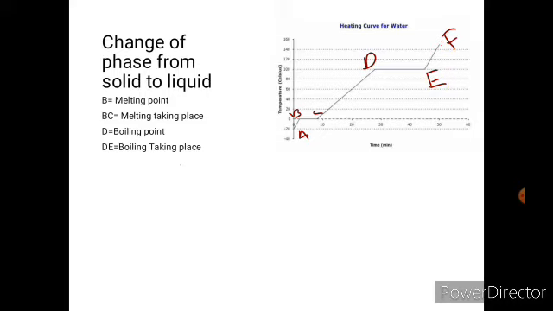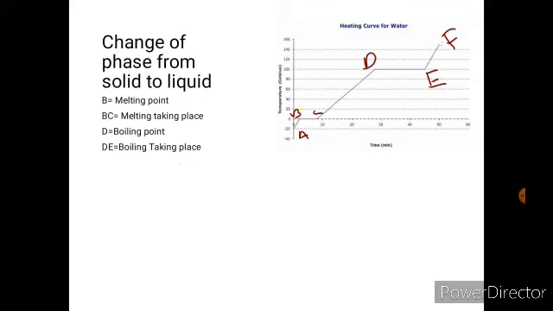This is happening because from A to B, the state will still be in the solid phase.